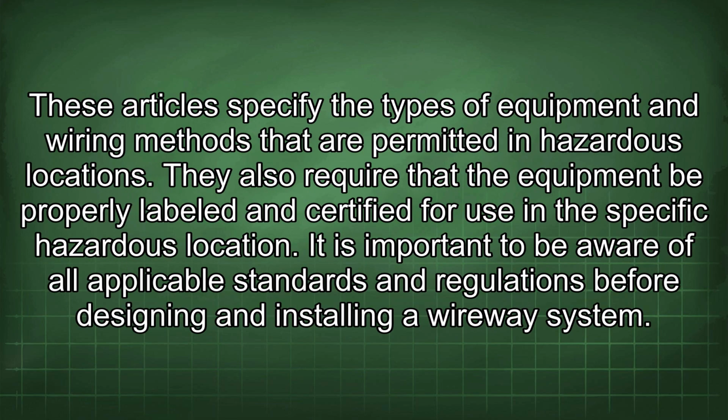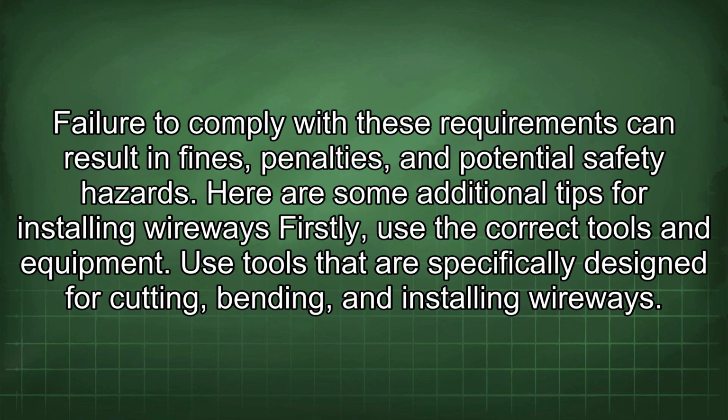These articles specify the types of equipment and wiring methods that are permitted in hazardous locations. They also require that the equipment be properly labeled and certified for use in the specific hazardous location. It is important to be aware of all applicable standards and regulations before designing and installing a wireway system. Failure to comply with these requirements can result in fines, penalties, and potential safety hazards.